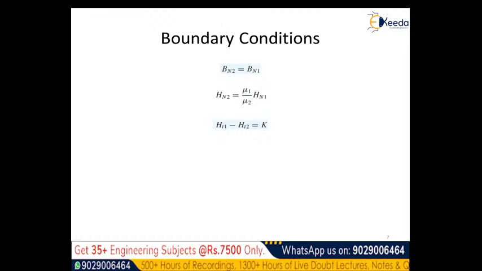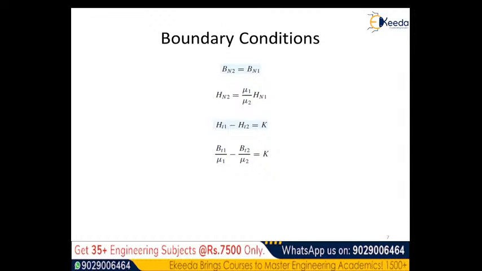This density K is always described in terms of ampere per meter, that is, how much current is flowing with respect to a line segment. I have already described it in many of my previous lectures, so you can study about this parameter from there. And if there is no current component, you can put it equal to 0.